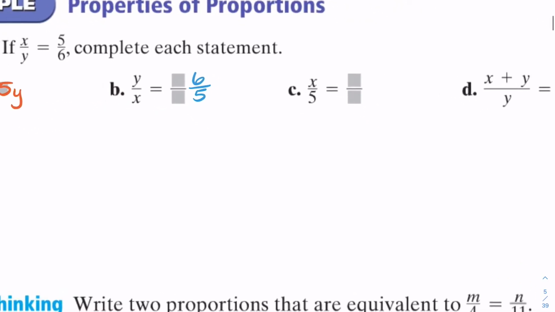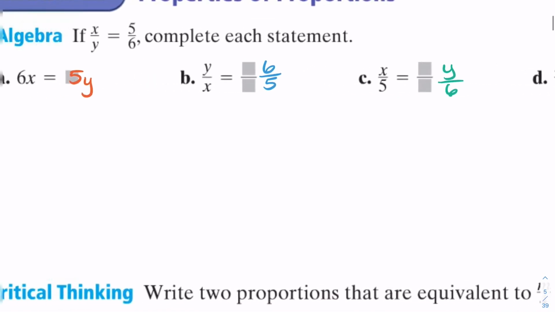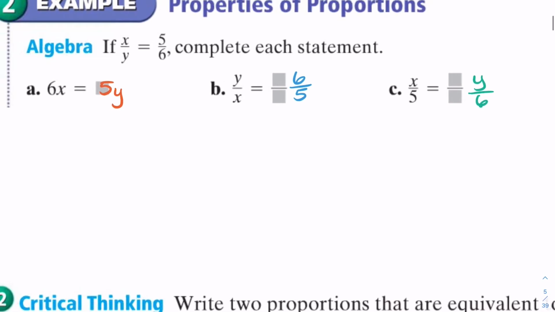The next one, x over 5. Okay, it appears that they moved 5 right over here. So if they moved 5 right here, we have to move y right there. So x over 5 is going to be equal to y over 6. And the last one is x plus y over y. So it looks like they added a y up here, which was the denominator.